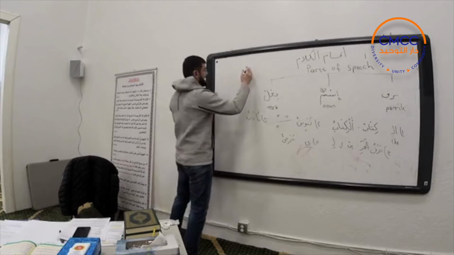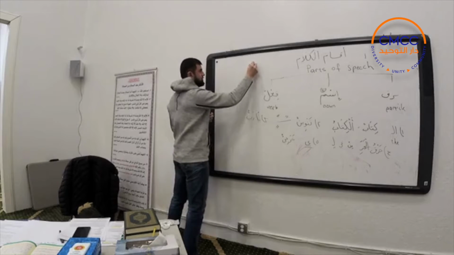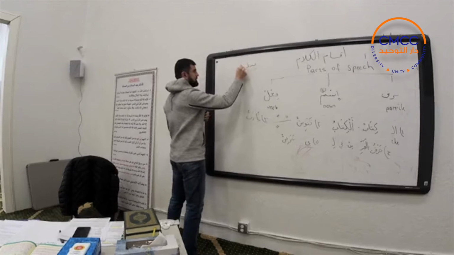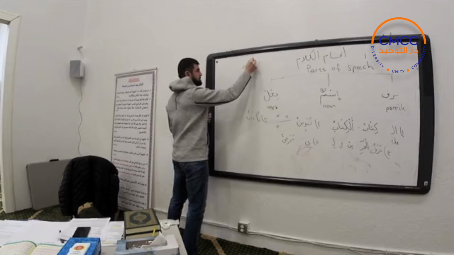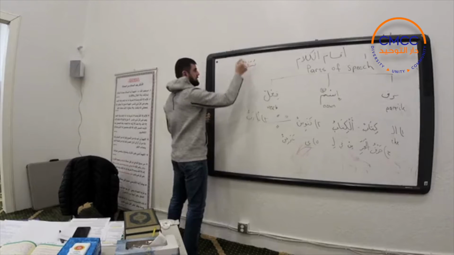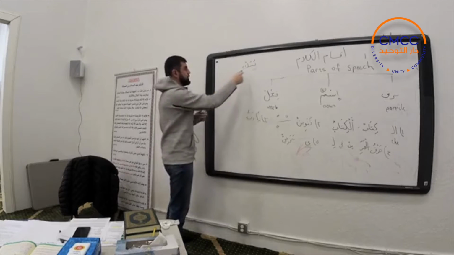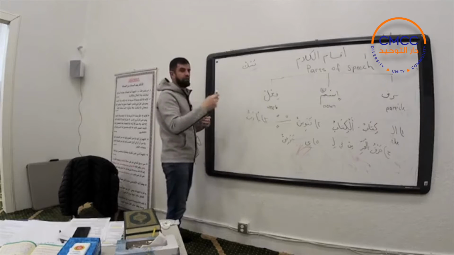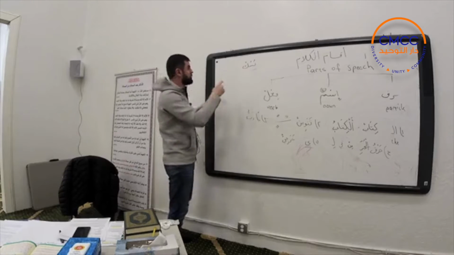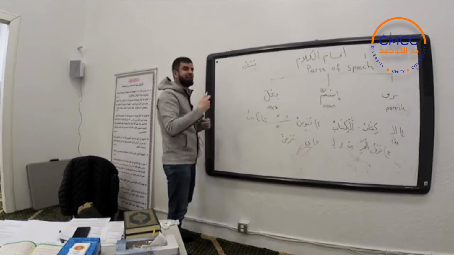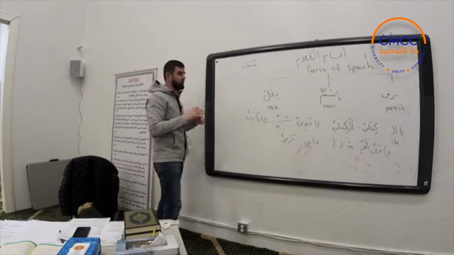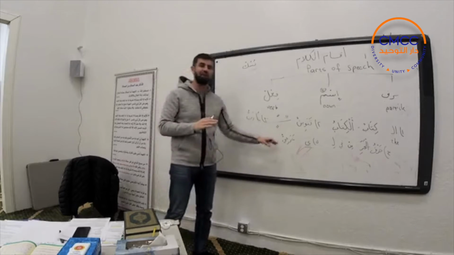You can divide it like this: nusukun, ritual. When you say nusuki, it means my ritual. So it has nothing to do with ya nasabi.